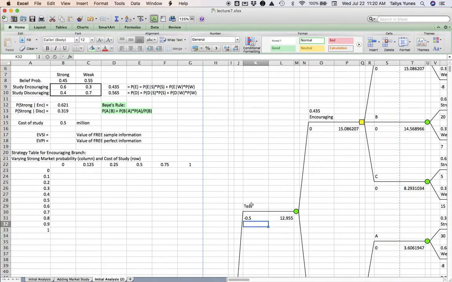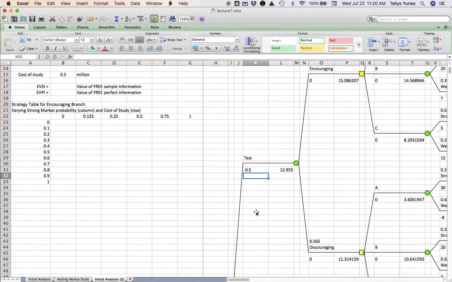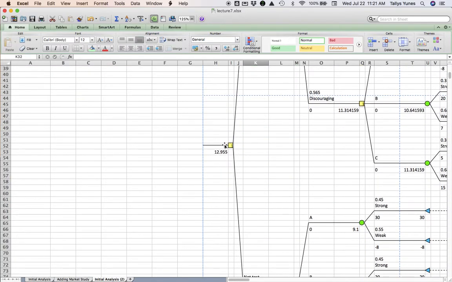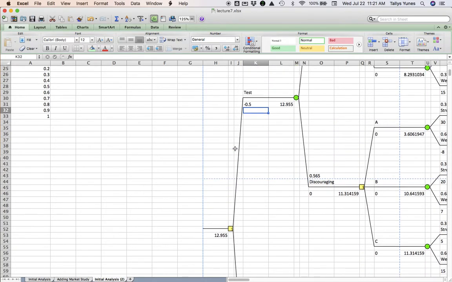Great, and now it has incorporated that expense into the calculation, and let's see what the tree says. At the very front node, my decision says do 1. Well, 1 is the top branch. It is telling me to do the test. So this test pays off. Why?